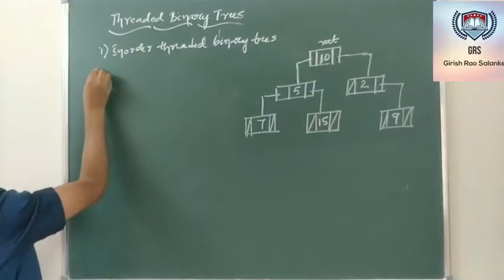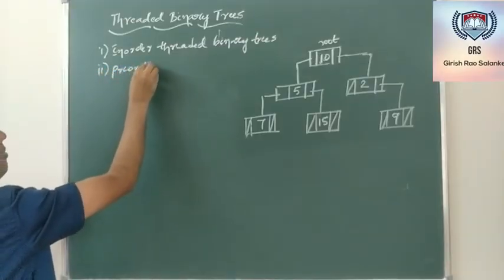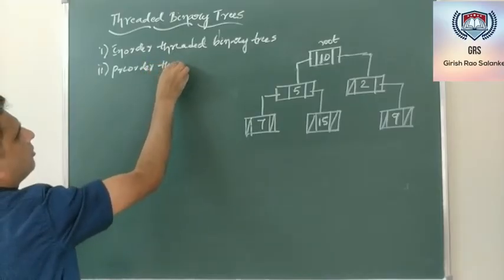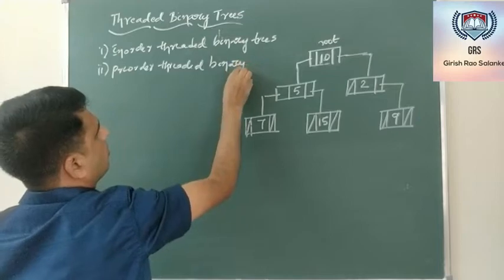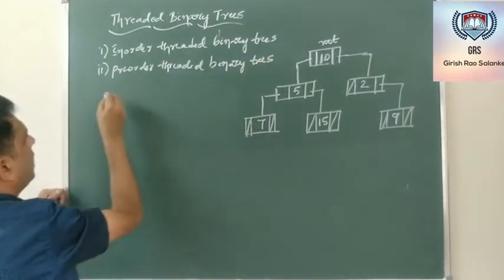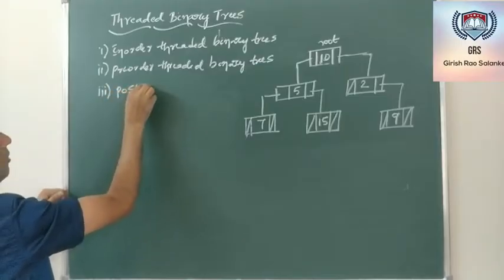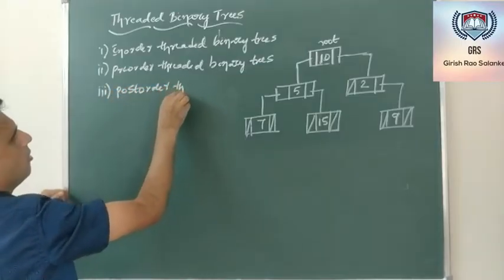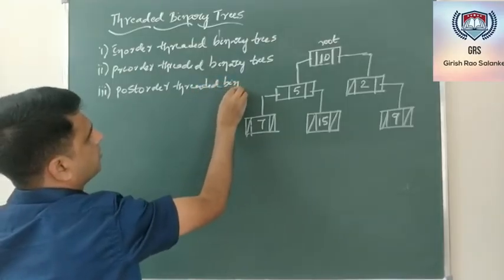The second one, I can call it as the pre-order threaded binary trees, and lastly the post-order threaded binary trees.